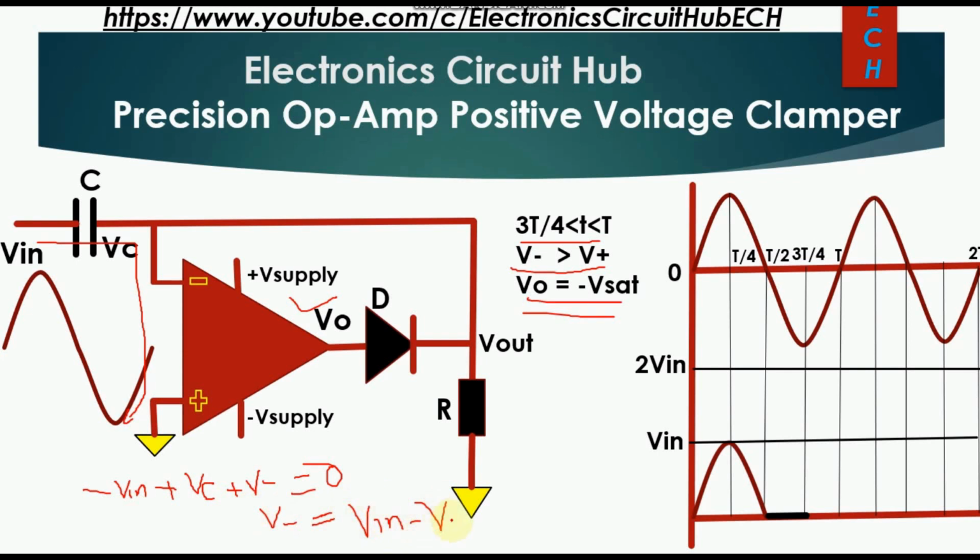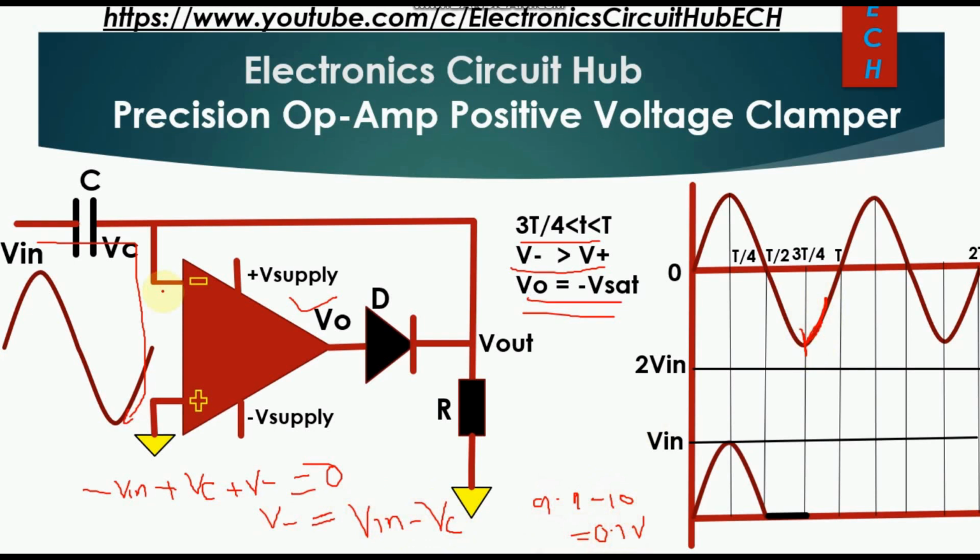So at that point of time the voltage VC stored across the capacitor is higher than your input voltage. Your input signal is decreasing now, but your capacitor is charged to the maximum voltage. So let us say your input signal is 9.9 volt and your capacitor is at 10 volt, so you will have 0.1 volt at the inverting terminal of the op-amp.